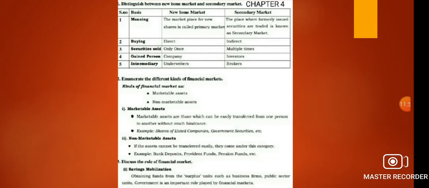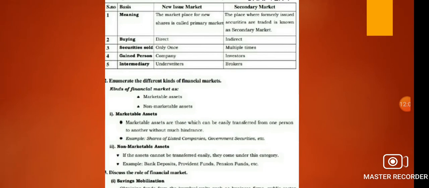In the case of new issue market, the market for new shares is called primary market, but in secondary market, the market where formerly issued securities are traded is known as secondary market.